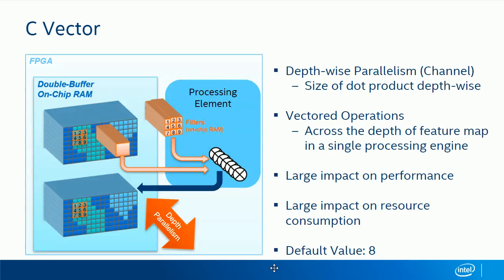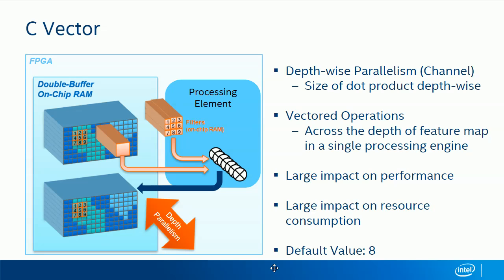The bulk of the compute on the FPGA is located in the convolution processing element array. This is an array of convolution processing engines, each performing parallel operations. The C vector, or channel vector, is the parallelization of each of these PE arrays in the depth-wise dimension, so the operations from multiple channels in the same layer can be processed together.